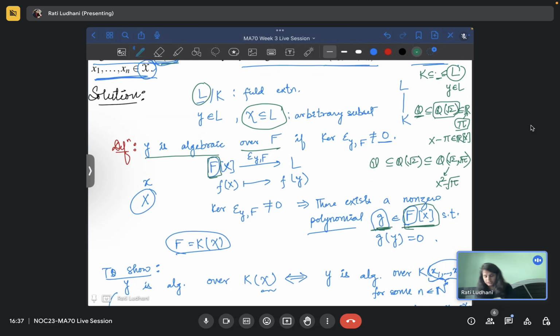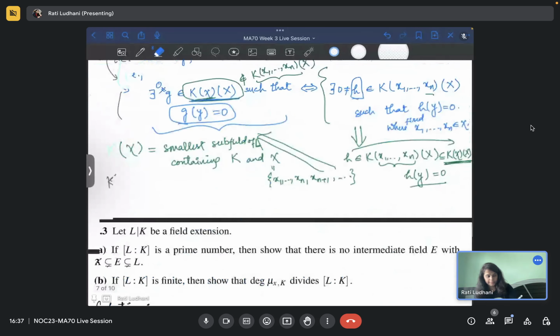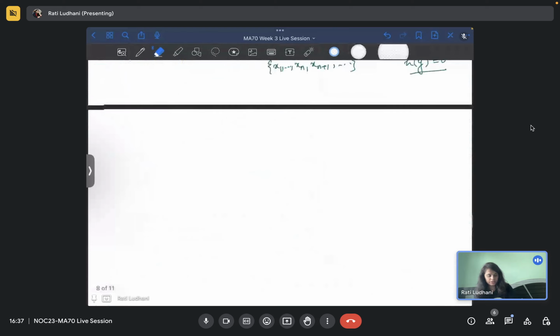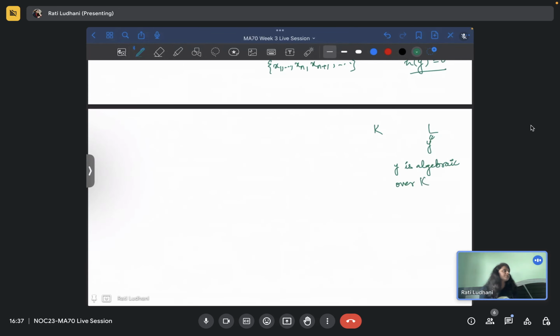I think I'm not answering your question again. But I took a polynomial over R(x). Let me write it properly. So you have a chain, or maybe you are saying if there is a number y which belongs to L and y is algebraic over k. Okay.